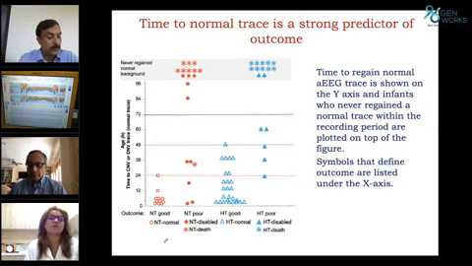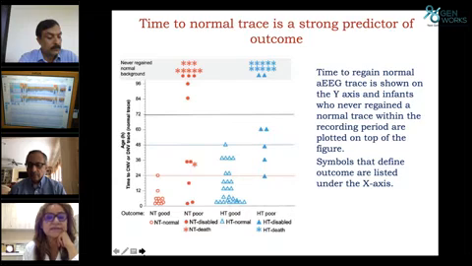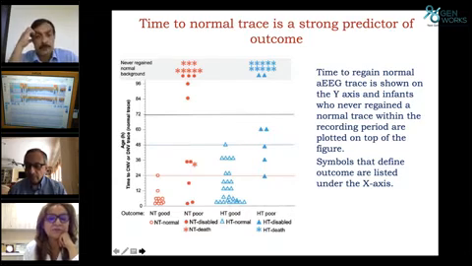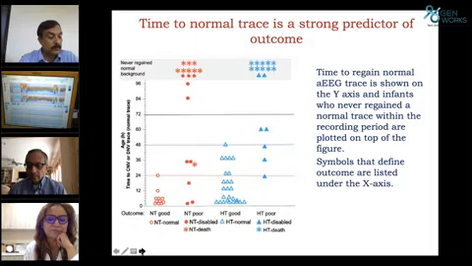Mostly they come within 12 hours, so maximum you will take as 24 hours. However, if it is taking longer than this in the normothermic patient, like if you see this is 36 hours and this is 84 hours and this has never regained, it is going to be a poor outcome.